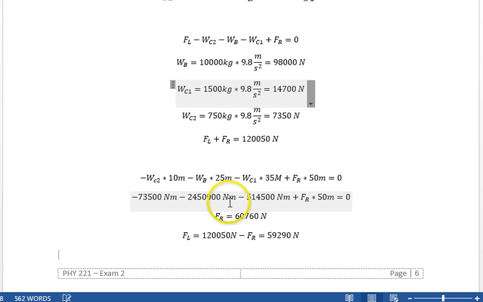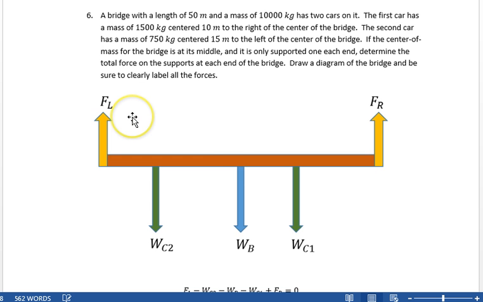So now we have the force on the right and the force on the left, and we are done with problem 6.